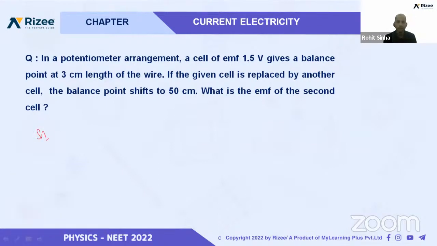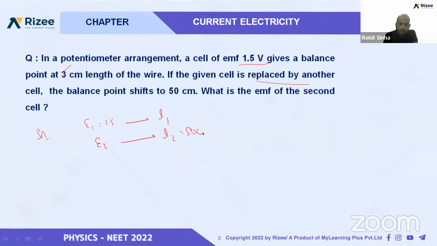It is telling that we are having a potentiometer arrangement, and a cell of EMF 1.5 gives a balance point L1, that is 3 centimeter for E1 equal to 1.5. Again it is replaced by another cell E2, and for this E2 we get L2, which is 50 centimeter.